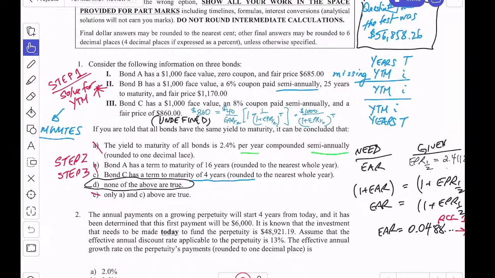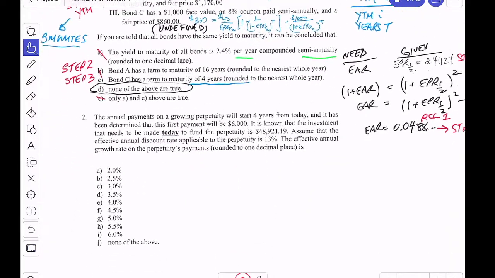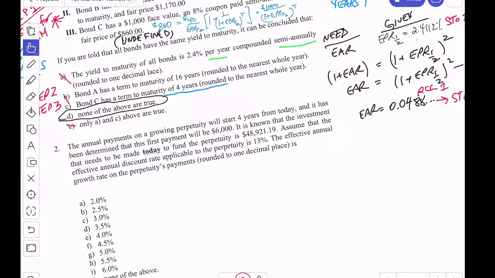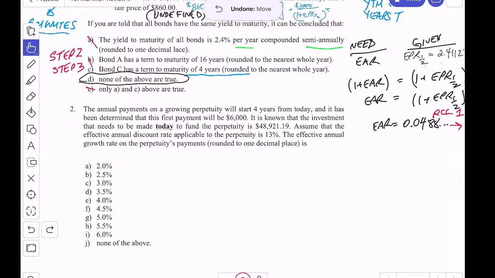So let's try number 2. Why don't you try that?